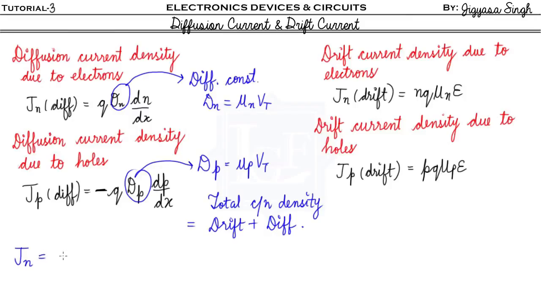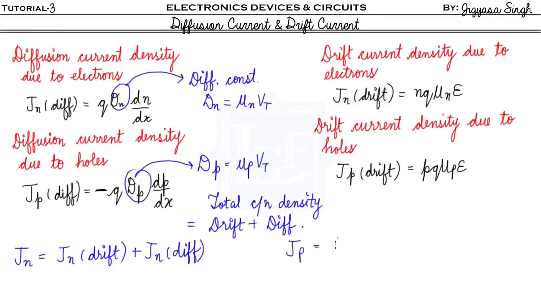What it will be? Jn is equal to Jn drift plus Jn diffusion. Now as I'm writing, I want you to write here in the second step, just add both of them and write it over here in your notebook.